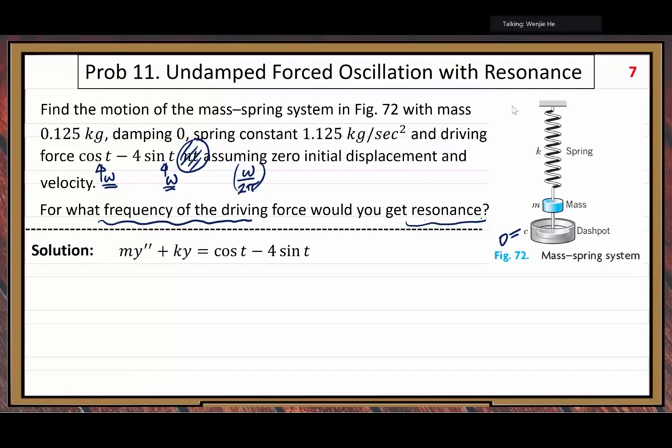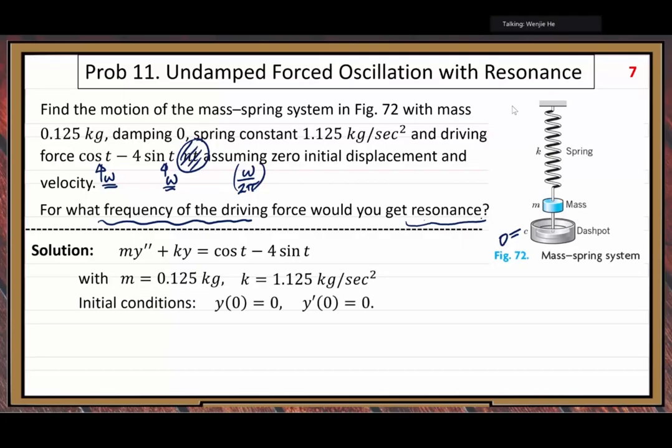So let's consider, first, because later we will switch to the omega version, let's look at this system and the initial conditions. That's the given information.